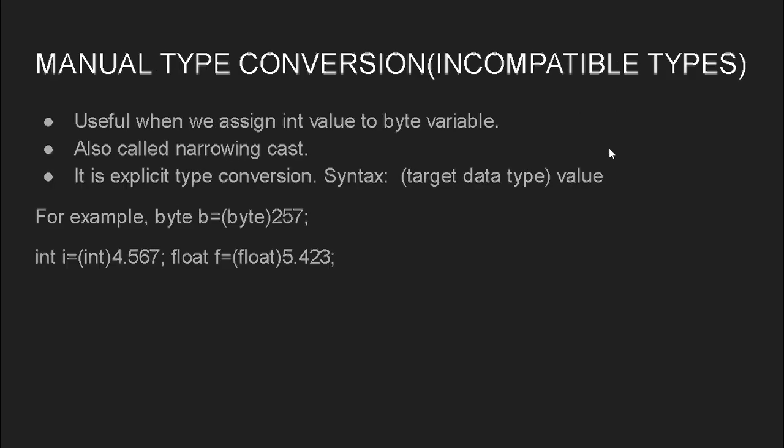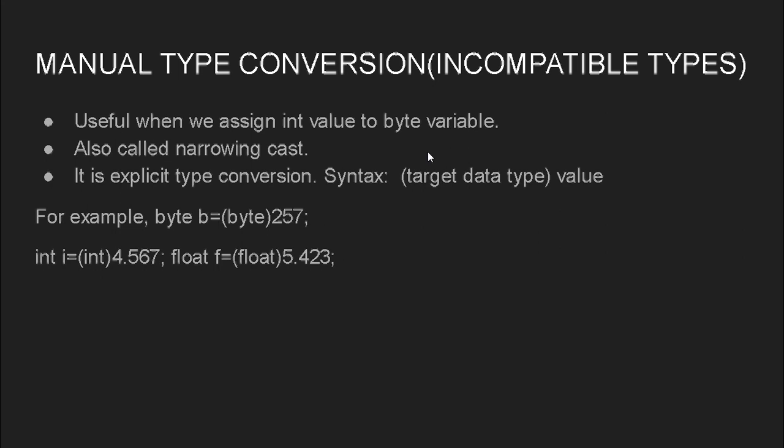So this is going to be the last slide in this particular tutorial. You can also convert types manually. For example, if you are trying to convert into byte, that is not going to work automatically, but you can definitely do it through explicit conversion. Explicit means you need to do it manually.